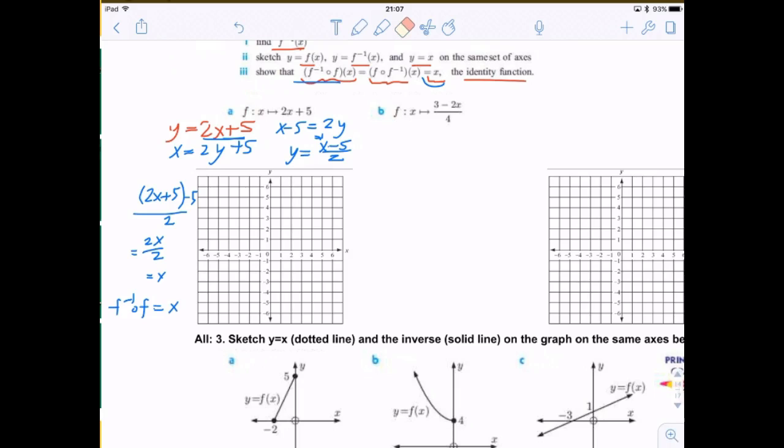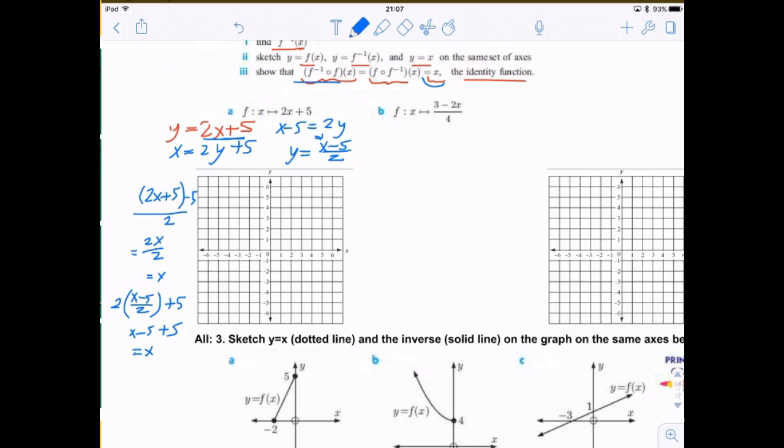And then let's test out the opposite. The opposite would be the blue function, which would be x minus 5 divided by 2 inside 2x plus 5. And then this would give us x minus 5 plus 5, which is equal to x. So it gave us the original input back again.